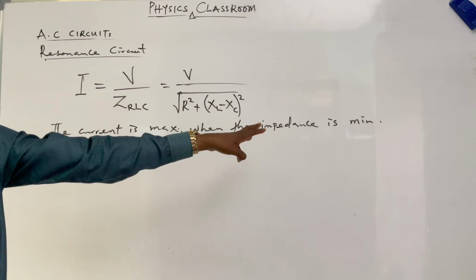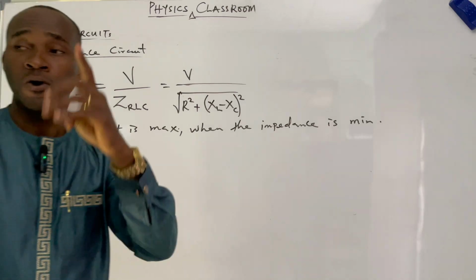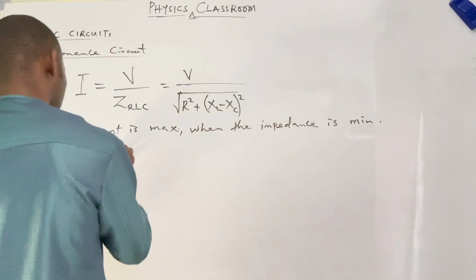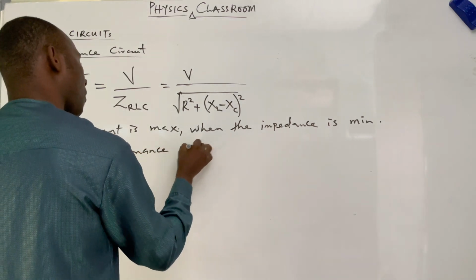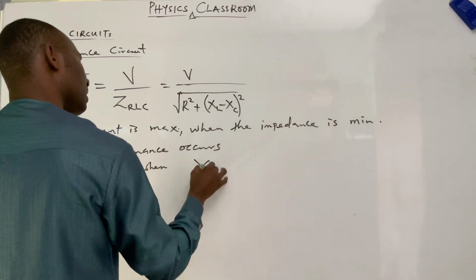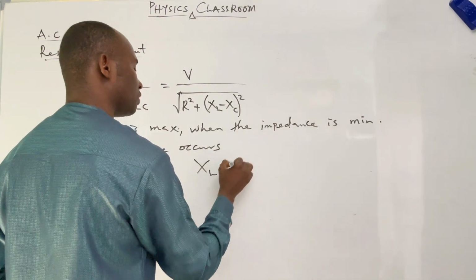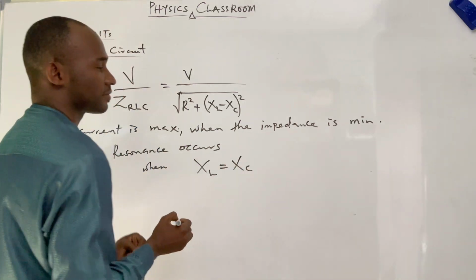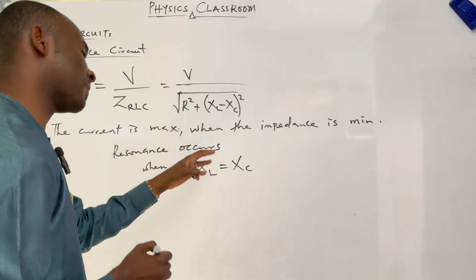Please take note of that. Then we can also say resonance will occur when the inductive reactance is equal to the capacitive reactance. It occurs when the inductive reactance equals capacitive reactance.